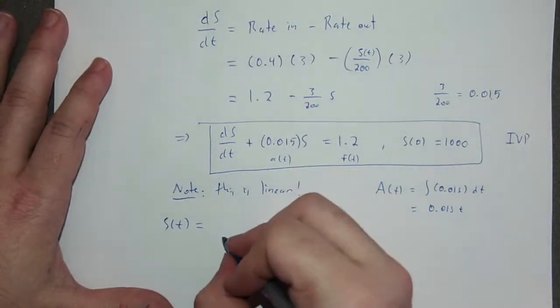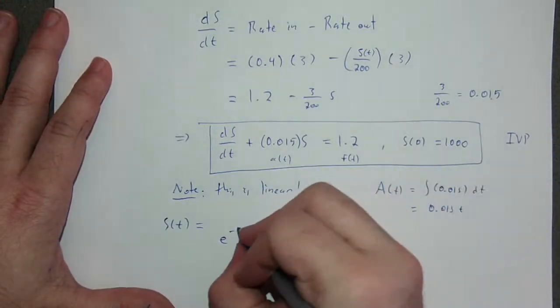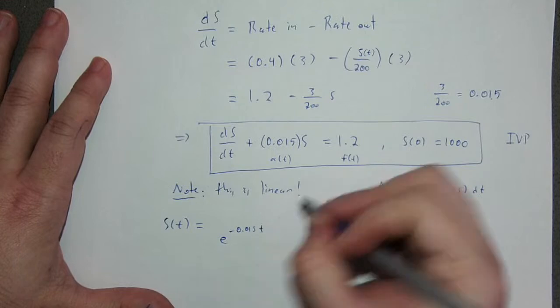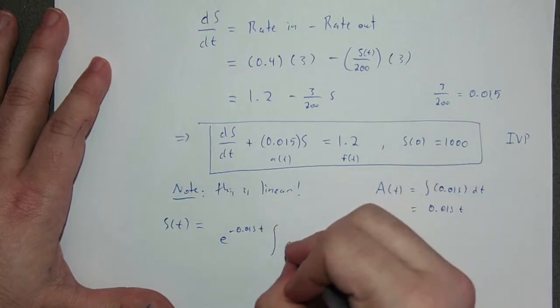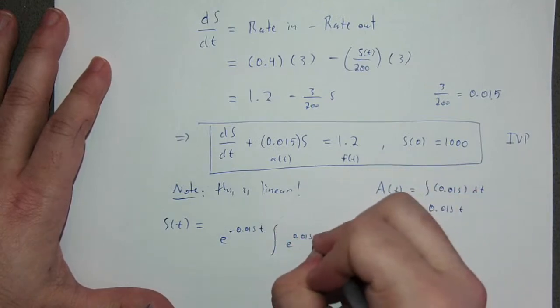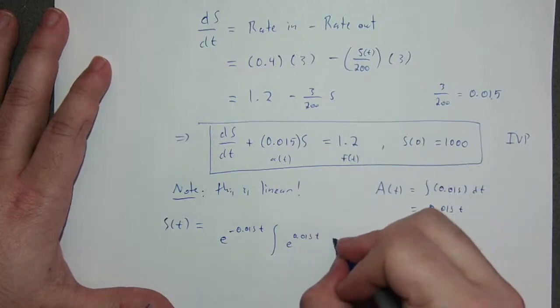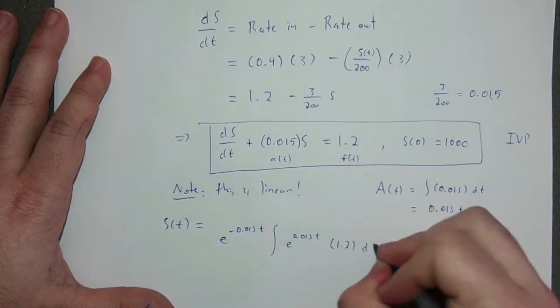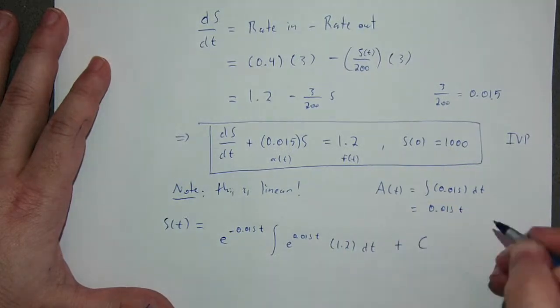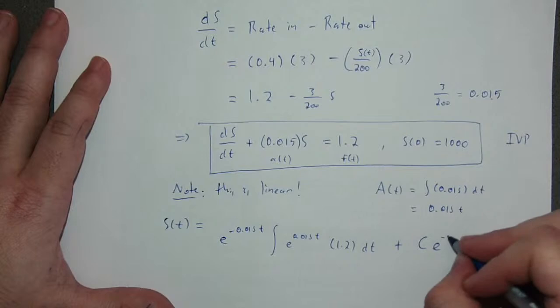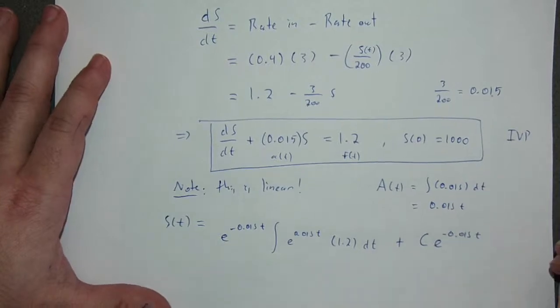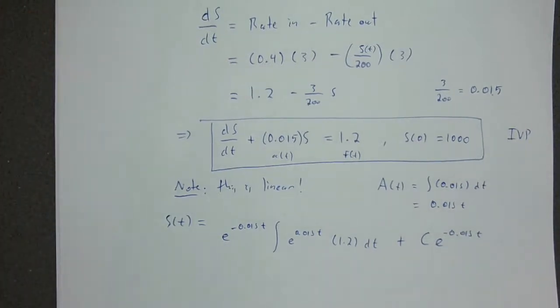So S of t is going to be e to the minus 0.015 t times the integral of e to the 0.015 t times 1.2 dt plus c times e to the minus 0.015 t. Okay, so there it is. It's just me following the recipe here.